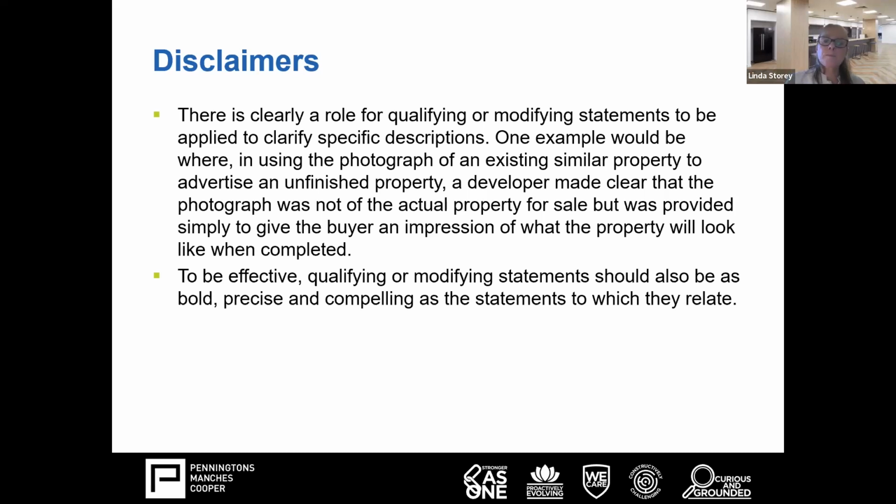That's not a problem, but obviously it needs to be clear when somebody is looking at that photograph that it is not of the development, it's of another similar development. And I've put there in the second bullet point the judge of a disclaimer. The rules are, to be effective, a disclaimer needs to be as bold and compelling as the statement to which it relates.